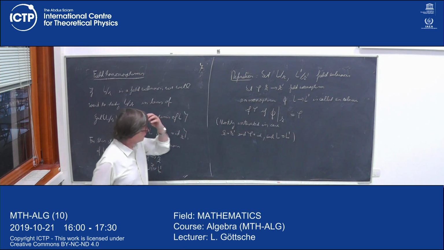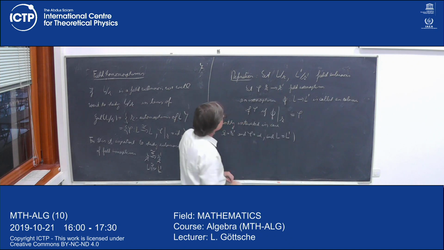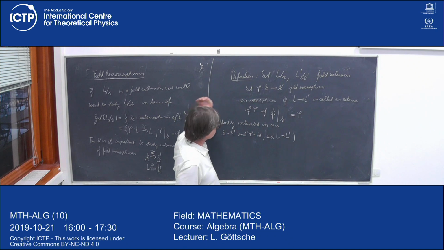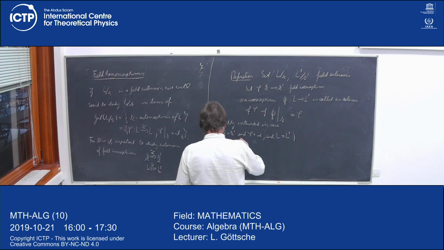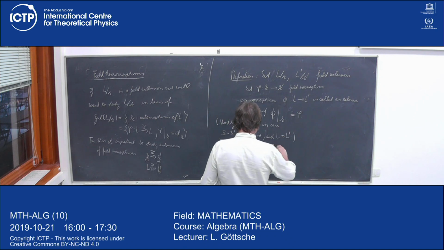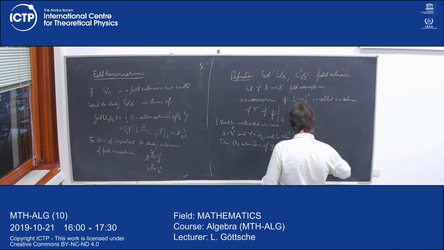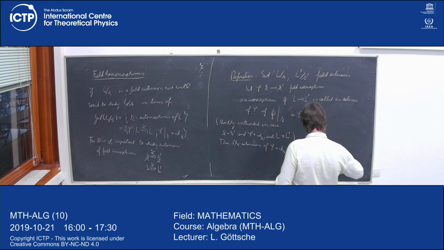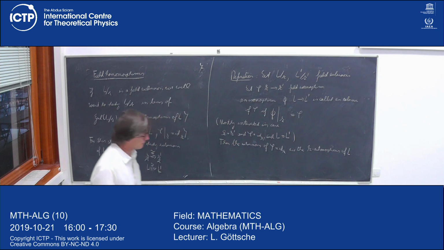So in that case, you have a field extension L over k, and you want to ask yourself, what are the k automorphisms of L? So then the extensions of phi are the k automorphisms, by definition.